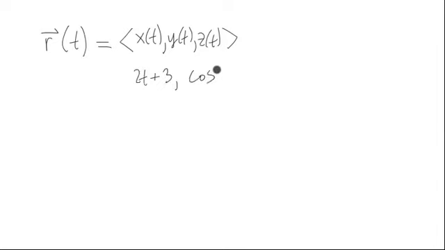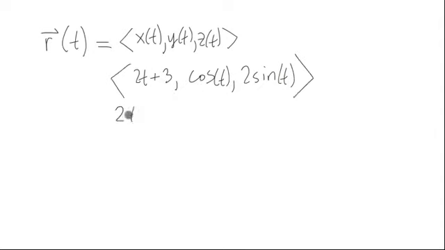I could write it using this notation, where maybe I have different functions here, x of t, y of t, z of t. For instance, maybe I have 2t plus 3, maybe cosine of t, and maybe 2 sine of t or something like that for these different components. That's one way of writing this vector valued function.